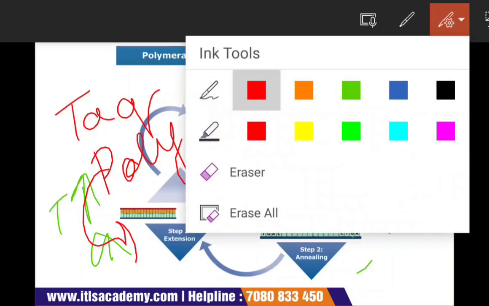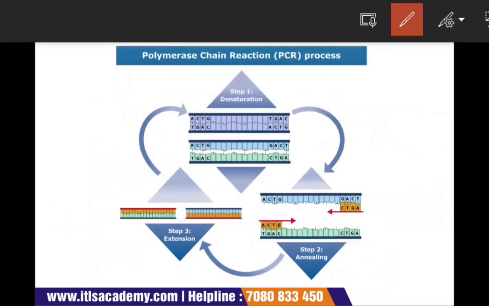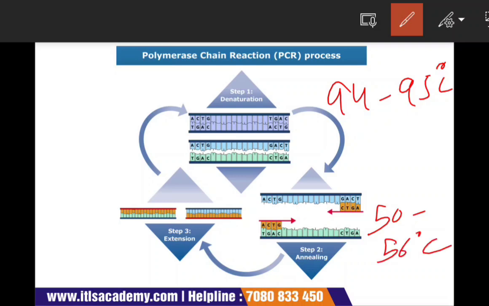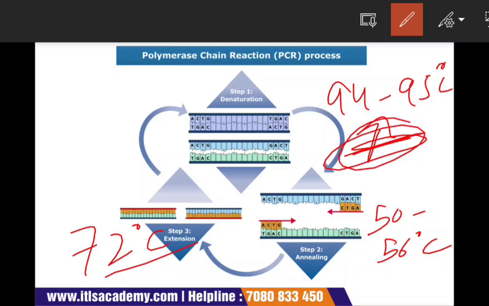If you see here, at this stage the temperature is 94 to 95 degrees centigrade, whereas at annealing the temperature is lowered to 50 to 56 degrees centigrade, and at the extension stage the temperature is high again, that is 72 degrees centigrade, but the maximum temperature is at stage 1 as compared to stage 3.